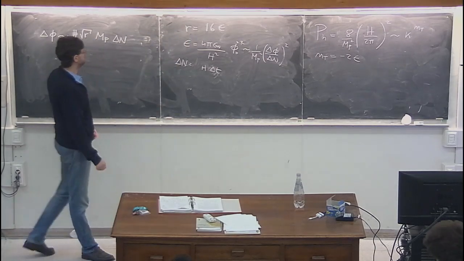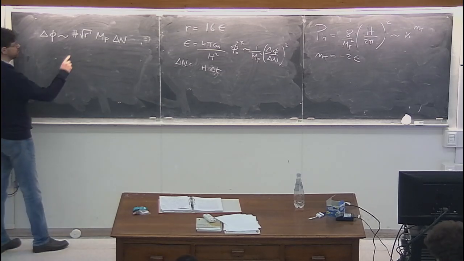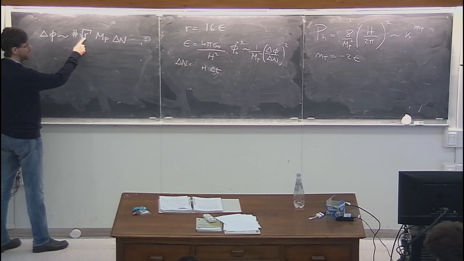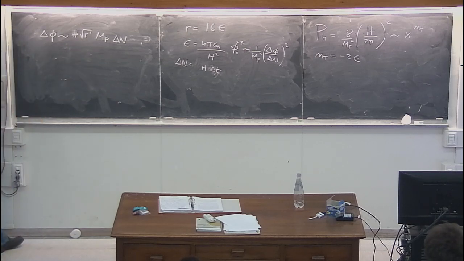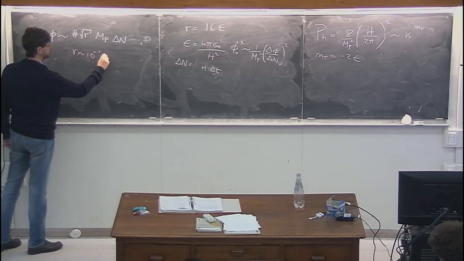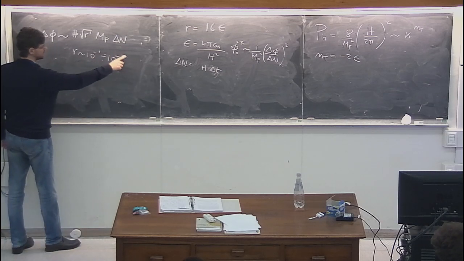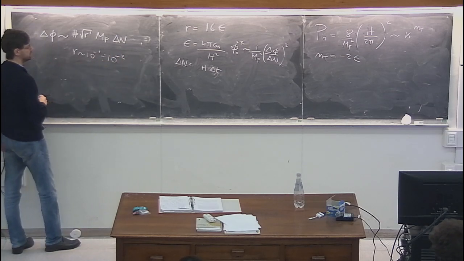So this simple relation tells you that if tensor modes are to be measured, we require that the power spectrum of tensor modes is large enough. In fact, typical numbers are of order 10 to the minus 1, 10 to the minus 2. Okay, in fact, 10 to the minus 1 is already ruled out, but in any case, numbers of this order of magnitude.